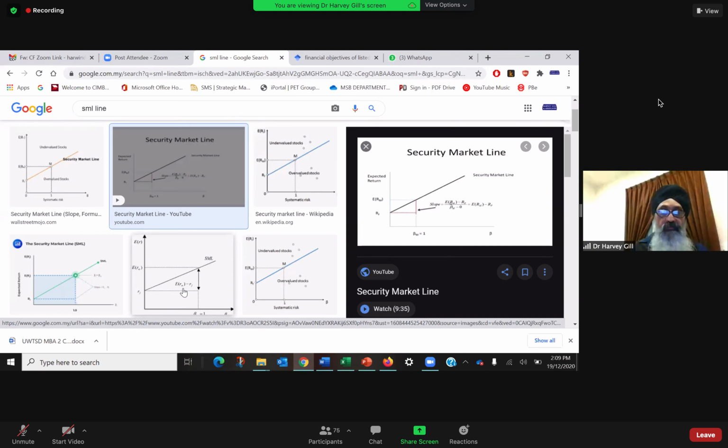Expected return and market return minus risk-free return. I'm looking for a nice simple one. I think this might be good enough.